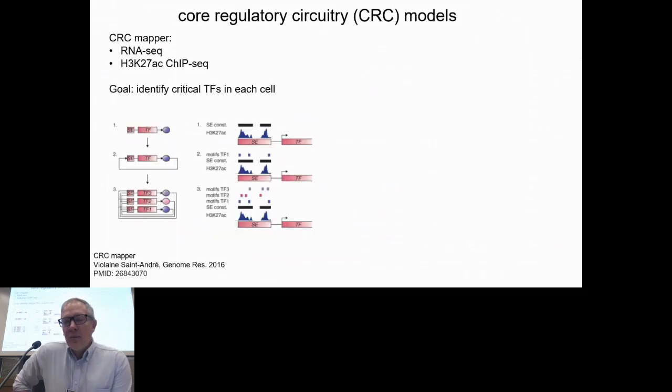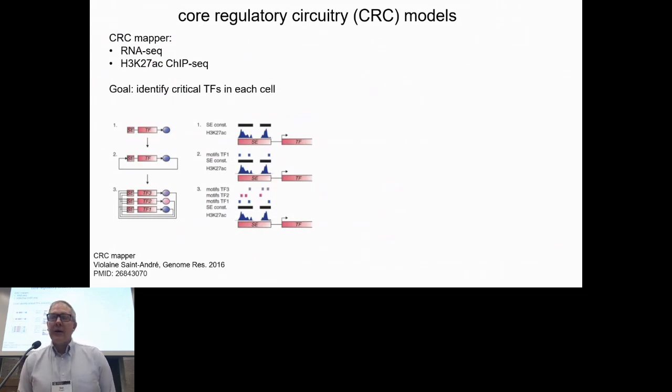In order to incorporate this data, a number of tools have been generated to integrate gene expression and chromatin data. One of these is the so-called CRC mapper, which is used to generate core regulatory circuits of cells. For this tool, we used bulk RNA-seq data corresponding to the different cell lines, as well as our H3K27 acetyl ChIP-seq data.